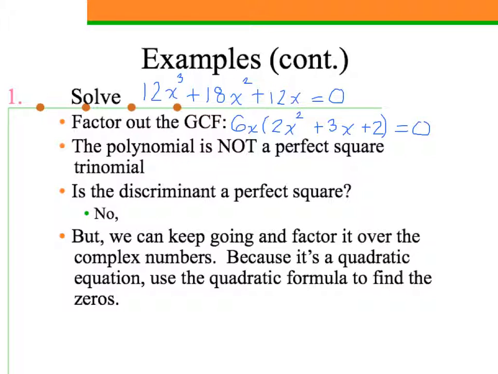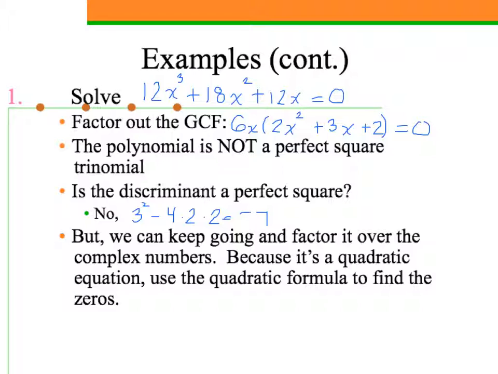Now I want to continue to try to factor this, but I notice that what's in the parentheses is not a perfect square trinomial. So let's even see if it's factorable over the integers. B squared minus 4ac would be 3 squared minus 4 times 2 times 2, which equals negative 7.